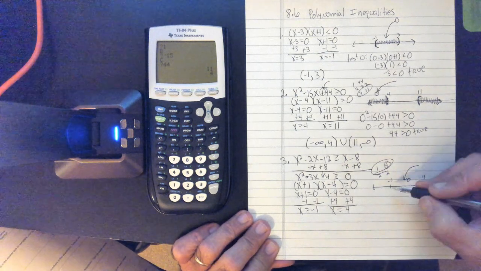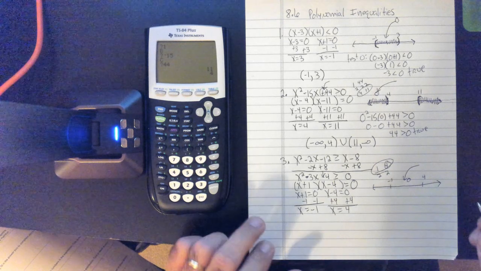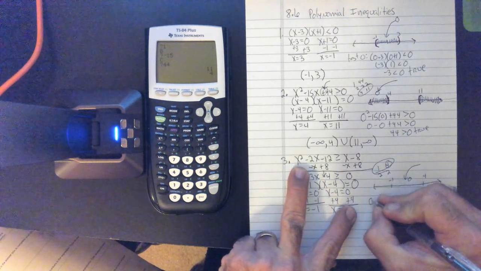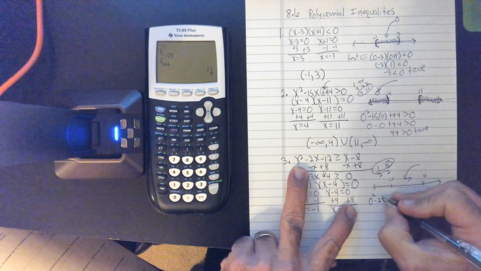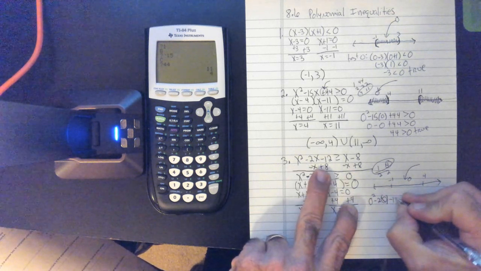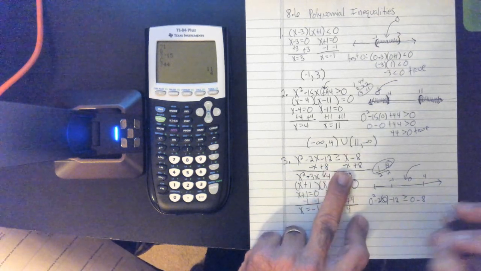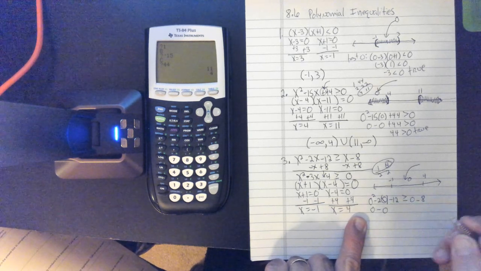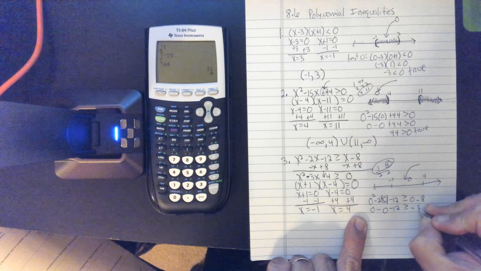If it's true, I'm going to shade that. If it's false, I'm going to shade the outsides. Alright, so I'm going to put my 0 into this original equation. 0 squared minus 2 times 0 minus 12 has to be greater than or equal to 0 minus 8. So 0 squared is 0, minus 2 times 0 is 0, minus 12 is greater than or equal to negative 8.